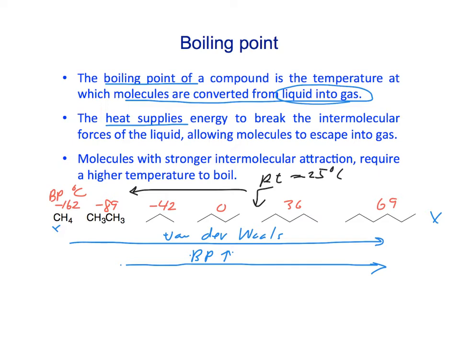So all of these molecules going this direction will be gases at room temperature. Above this, these temperatures are above the boiling point, and so these have not yet converted to gas. These will all be liquid.